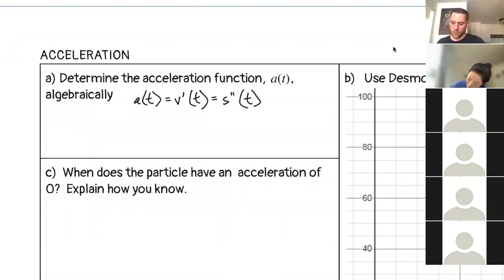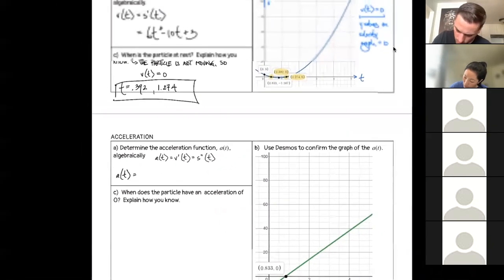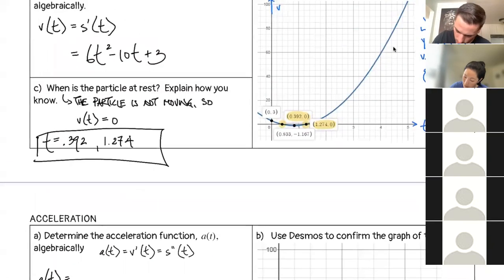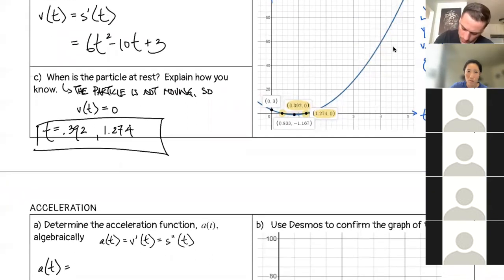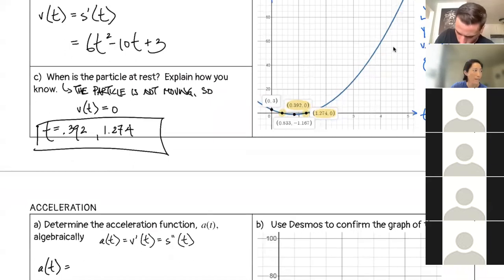And so if we grab our function from above, what did we have for v? We had 6t squared minus 10t plus 3. So we'll get 12t minus 10.